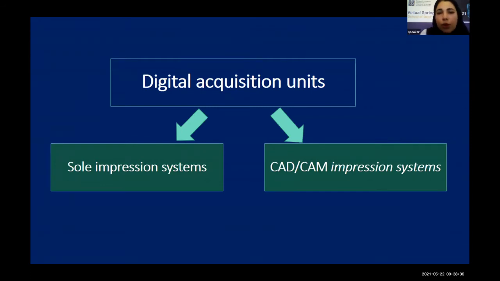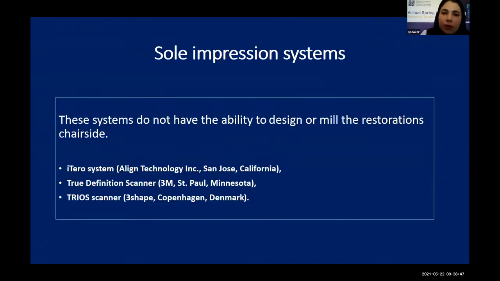Digital acquisition units are categorized into two main groups: sole impression systems and CAD/CAM impression systems. Sole impression systems do not have the ability to design or mill the restoration chairside. Examples of sole impression systems are the Ultra system, True Definition scanner, and Trios scanner.